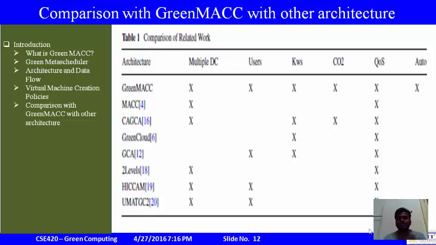Now the various parameters for comparison for these architectures are regarding multiple data centers, users, kilowatts, CO2 emission, quality of service, and automation. Now this table we can see where the comparison stands, what features these architectures have and what features they don't.